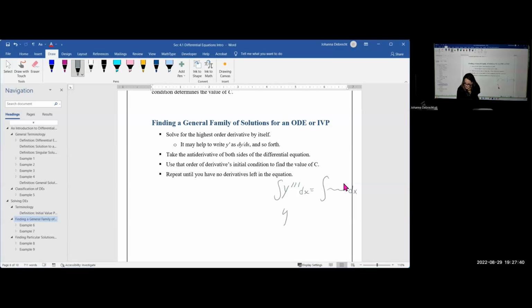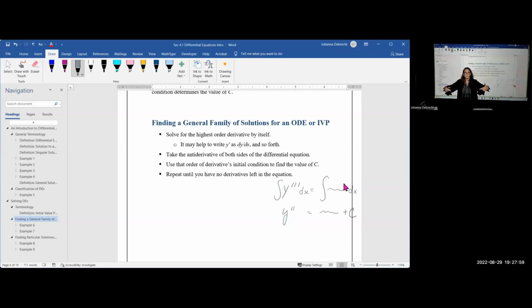And when we're done, this is going to give me a y double prime equal to a bunch of stuff with a plus c on the end. And then I'm going to need to know some particular point, some initial value that satisfies y double prime so that I can substitute it in here to find the value of c.